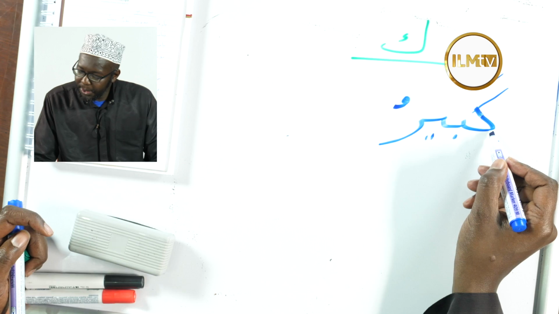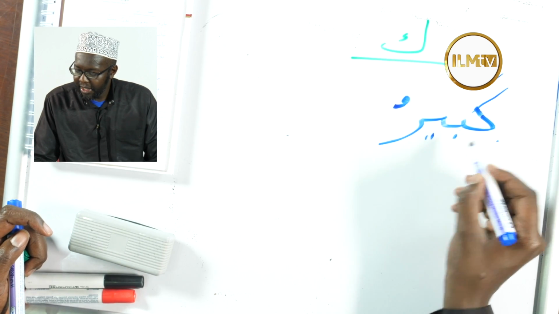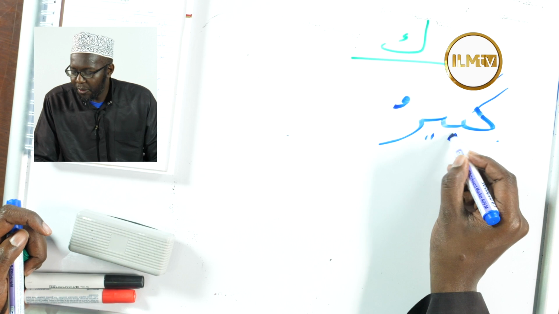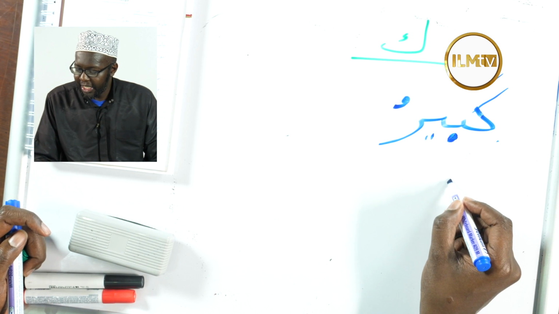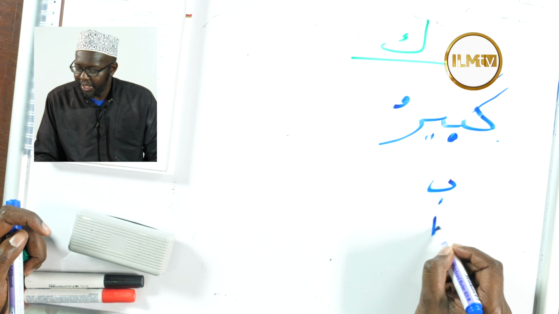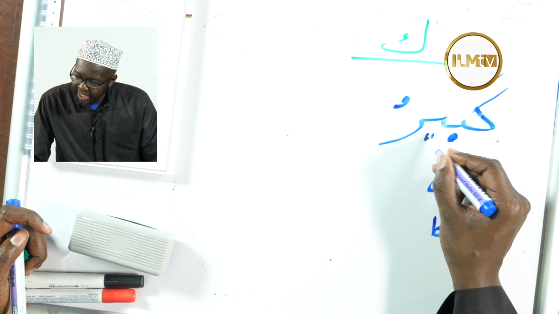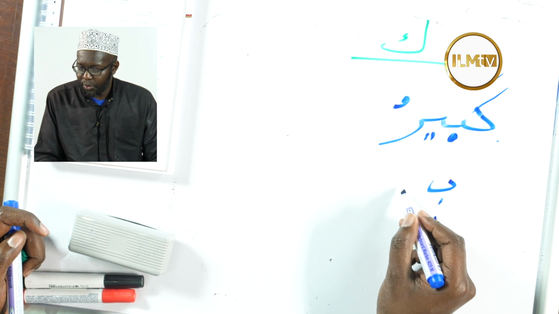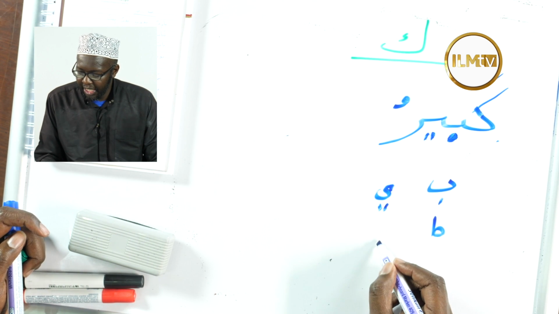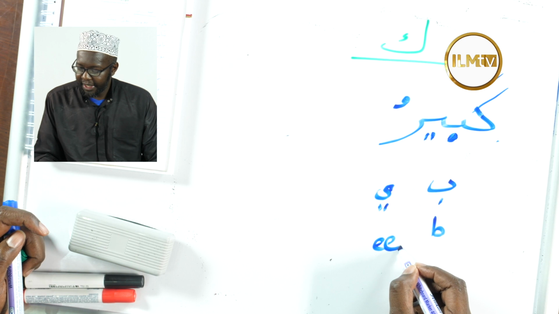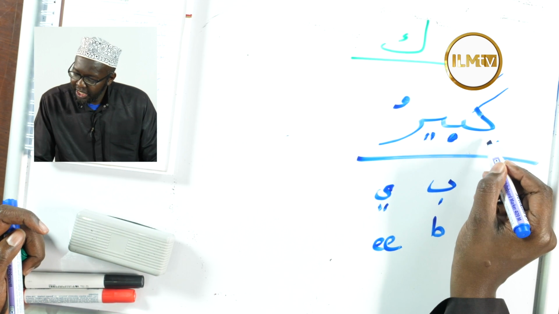So when you look carefully here, we have a Ka, and we have something with one dot down. And when you see something with one dot down, it's a B. So Kab, and this is the long vowel. When you see two dots down, it's an E. So how do you read this?